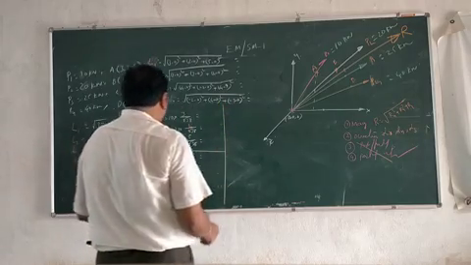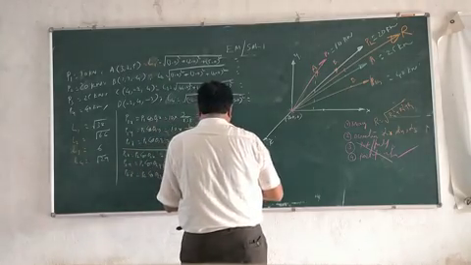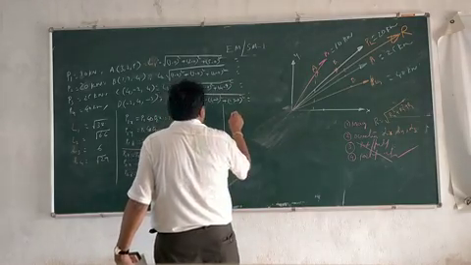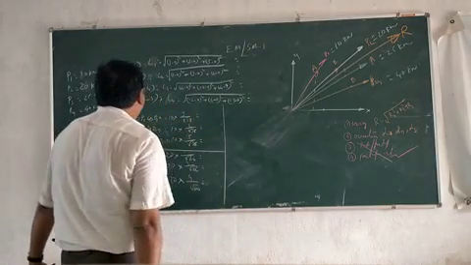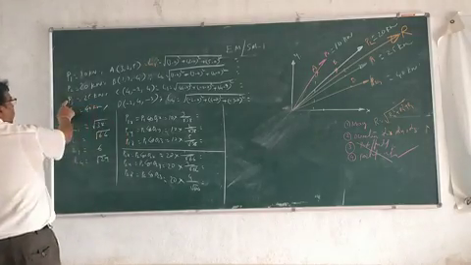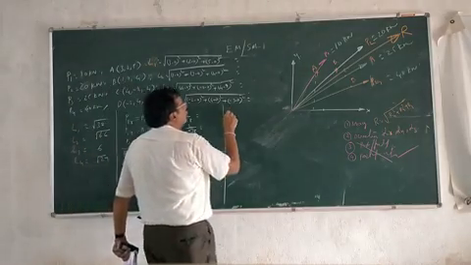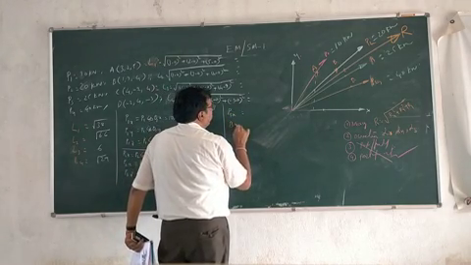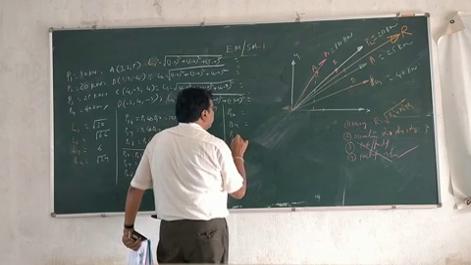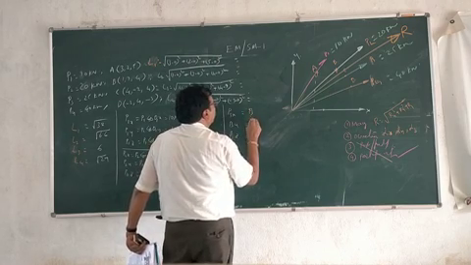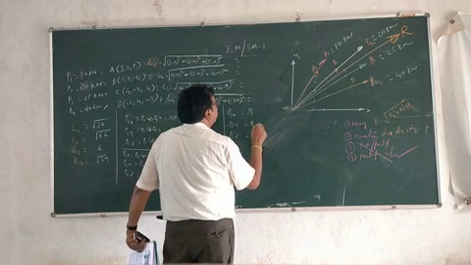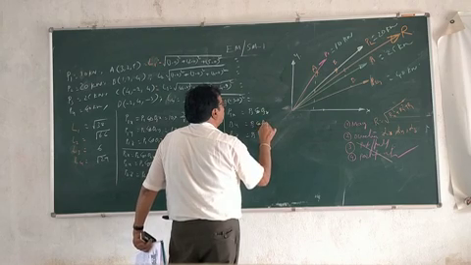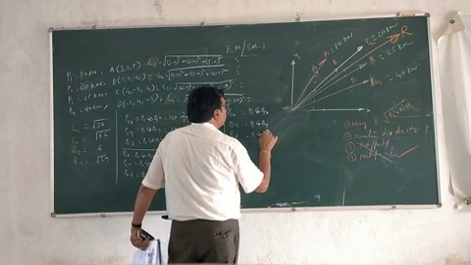Next, all components of P3: P3x, P3y, P3z, that is P3 cos theta 3x, cos theta 3y, cos theta 3z.